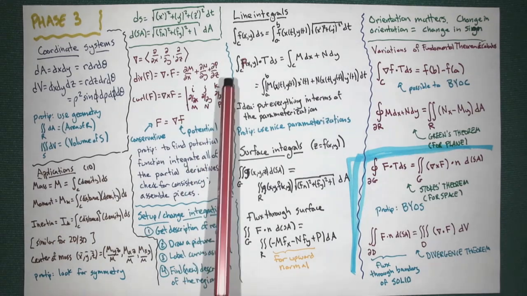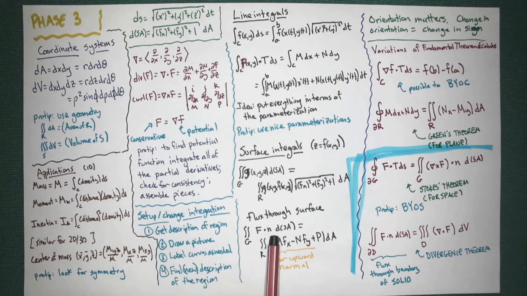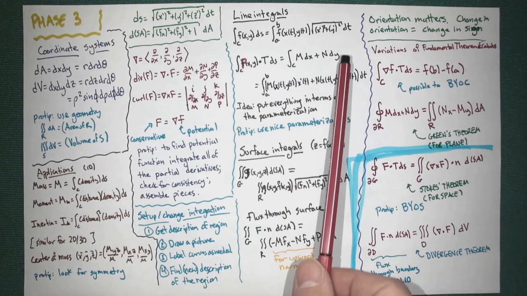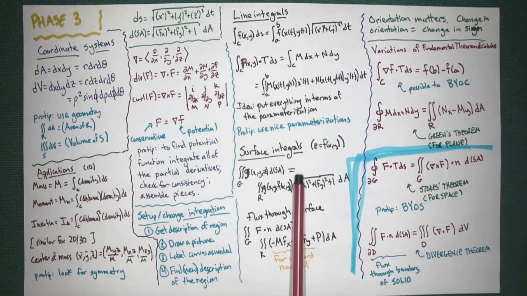Well, just like we had a nice case when we did dot t, we have a nice case when we do dot n. In this case, the complicated thing up here went away, and now the complicated thing here goes away. So it becomes minus m f_x minus n f_y plus p. That, of course, assumes you have upward pointing normals.